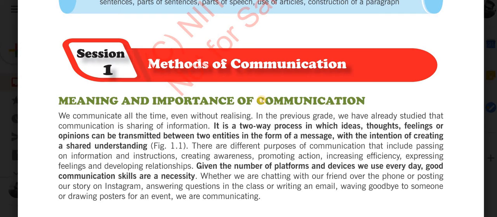There are different purposes of communication that include passing on information and instructions, creating awareness, promoting actions, increasing efficiency, expressing feelings, and developing relationships. These are all very common purposes of communication. Given the number of platforms and devices we use every day, good communication skills are a necessity.